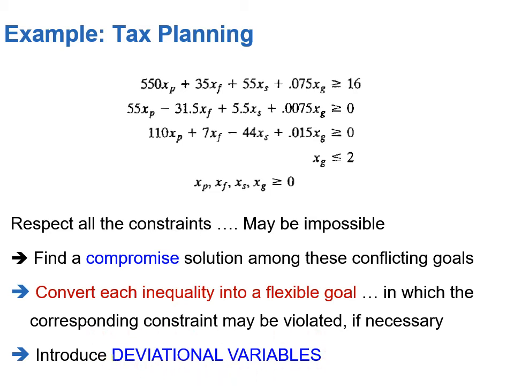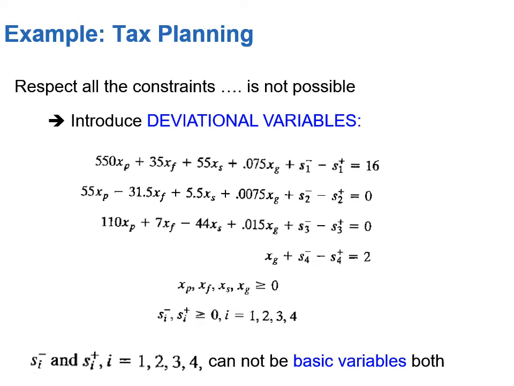By using these deviational variables, we will reformulate the problem. How do we do it? It's very easy. For each constraint, we define two variables. It doesn't matter whether the constraint was greater than or equal to, less than or equal to, or sometimes equal to.